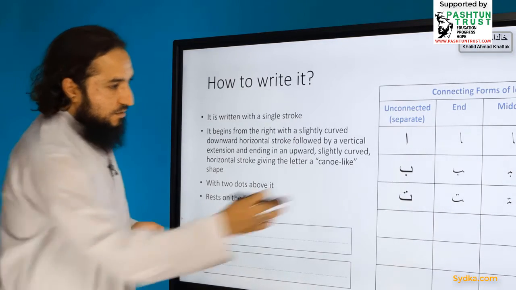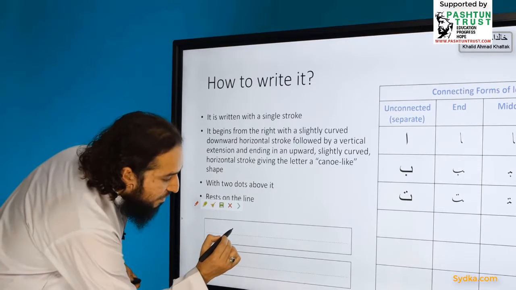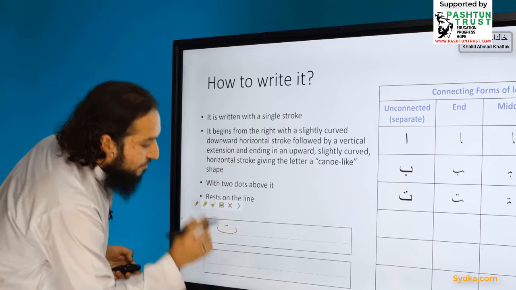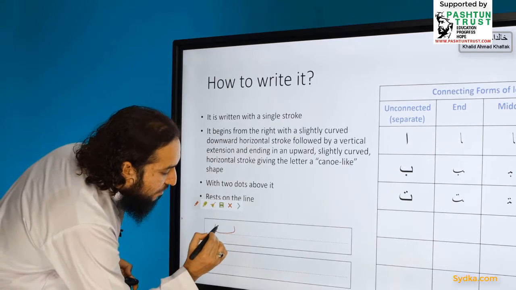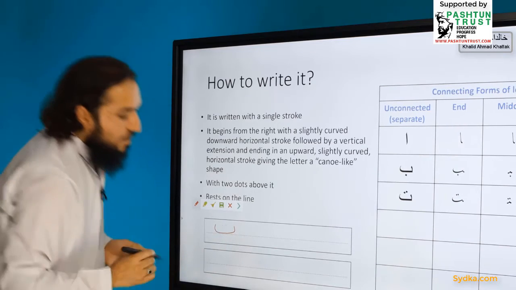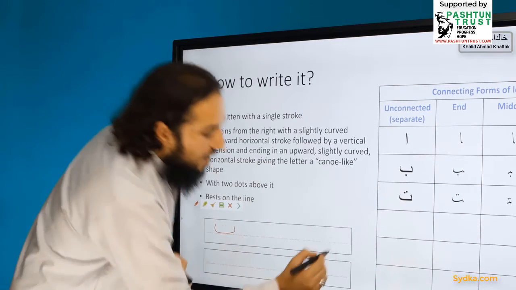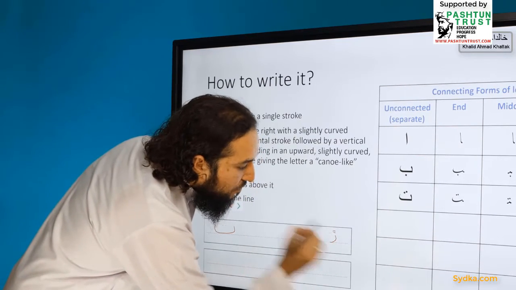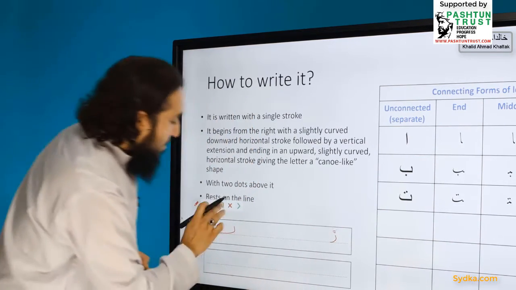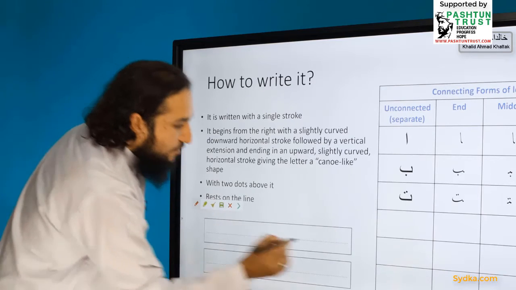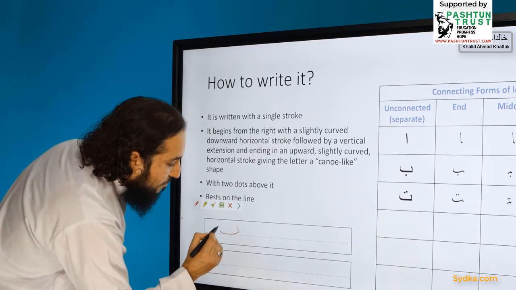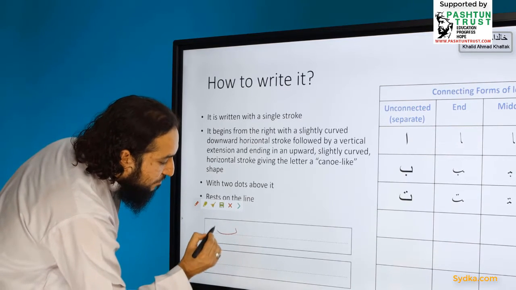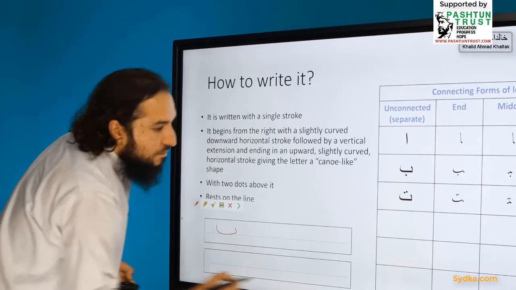Practical, how to write it. If it's in that state, you start like this, one line, two lines. It stays on the line. Then the two dots, 1, 2.